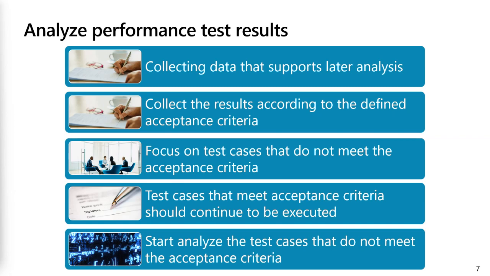Also, collect the results according to the defined acceptance criteria to ensure you know if the test case execution is accepted or not accepted, and then the analysis must begin.